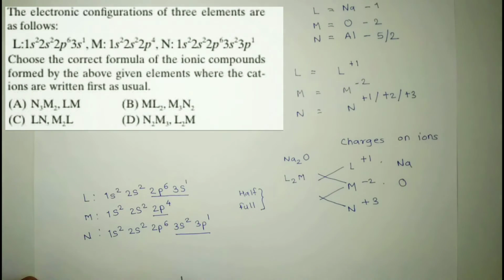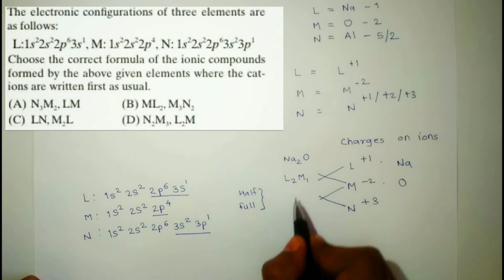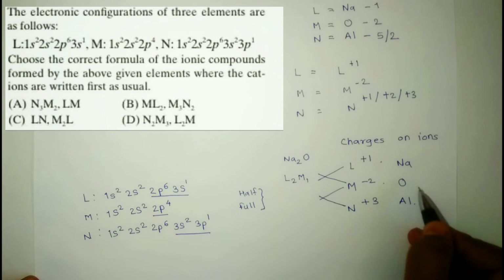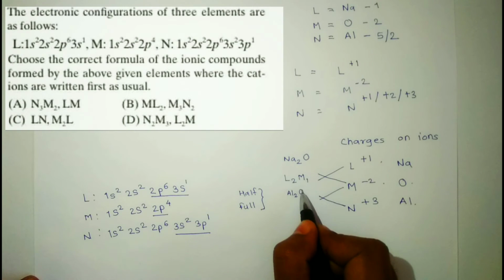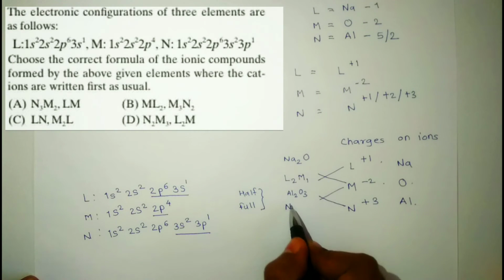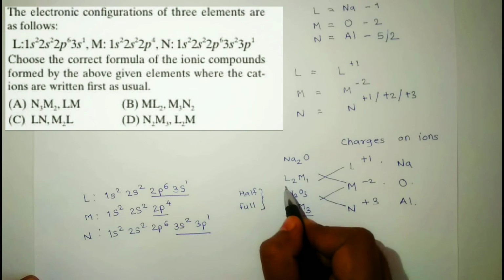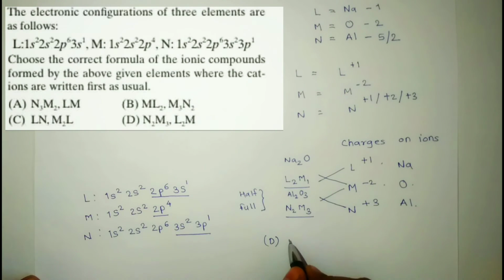Same for aluminium and oxygen, we know that Al2O3 is the compound which has the correct chemical formula. From this we can say that the correct answer is option D.